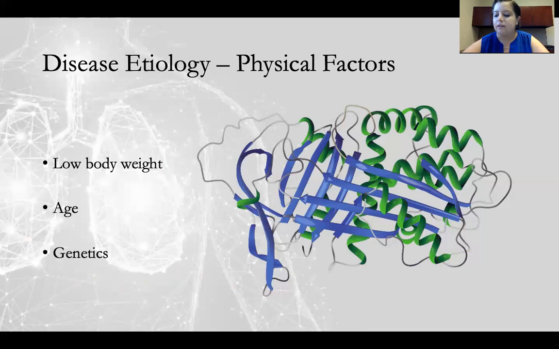They have an issue with producing the alpha-1 antitrypsin protein, which is also abbreviated as AAT, and this is a display of that protein. Its main role is playing a big defense role in the lungs.